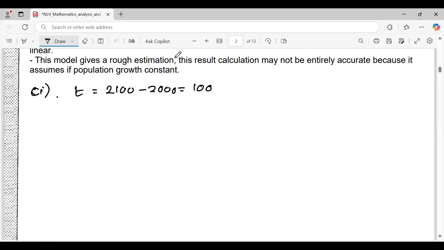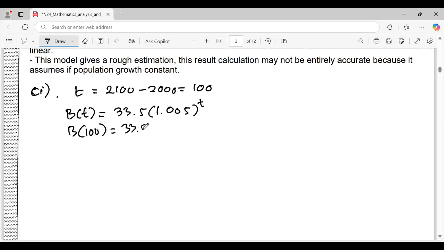Now substitute into these equations. B(t) equals 33.5 multiplied by 1.005 to the power t. It means t equals 100, 1.005 to the power 100.